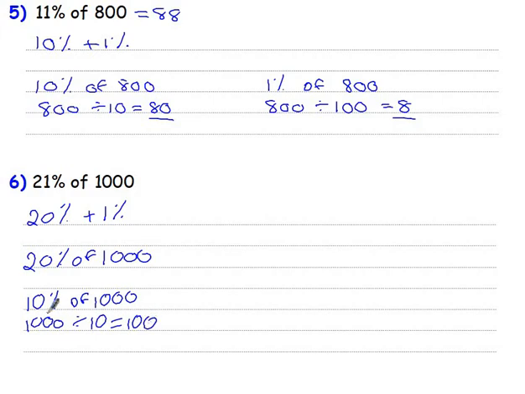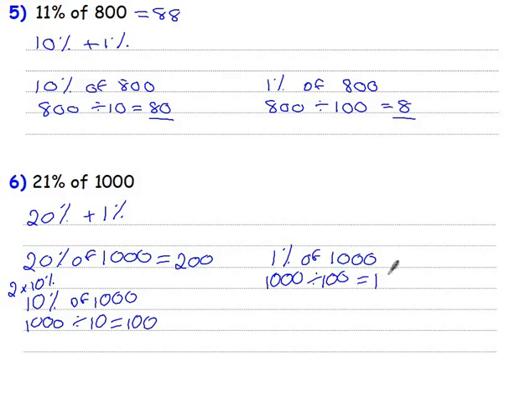But because it's 20%, well, 20% is 2 lots of 10%. So we'll do 2 times 100 is 200. And then to find 1% of 1000, all we do is 1000 divided by 100, which is equal to 10. So to find 21%, we do 20% add 1%, so it's 200 plus 10 is 210.